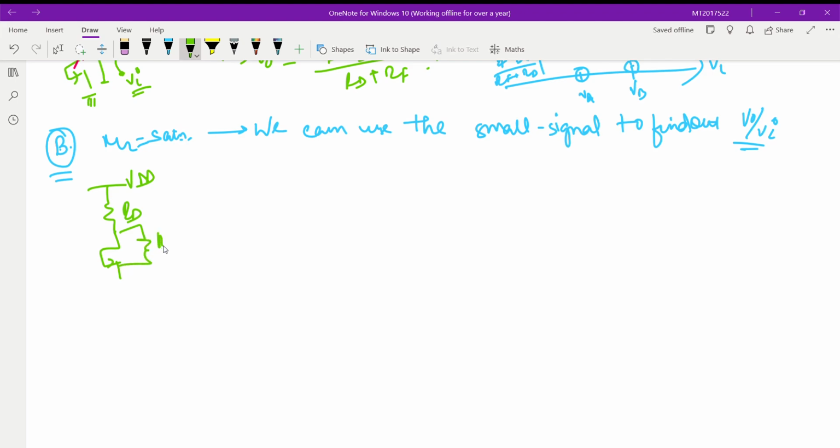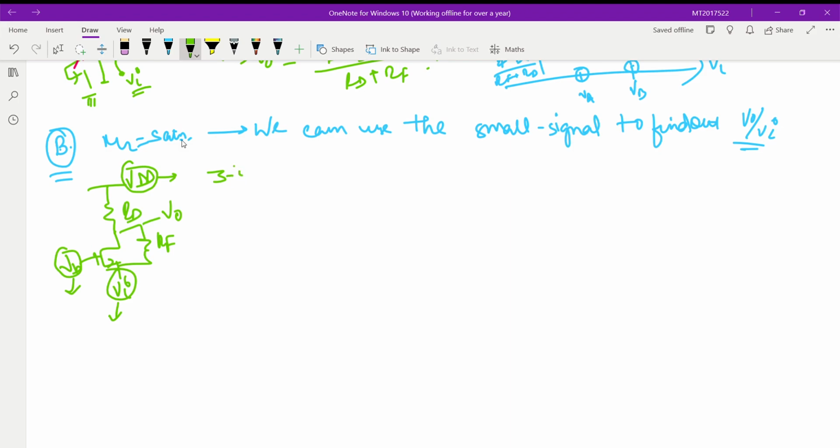So this is RF, we have VB, we have VI, we have VO, right? So how do we find this V out without going into too much trouble? We can already see that there are three sources here: one is VDD, one is VB, one is VI.